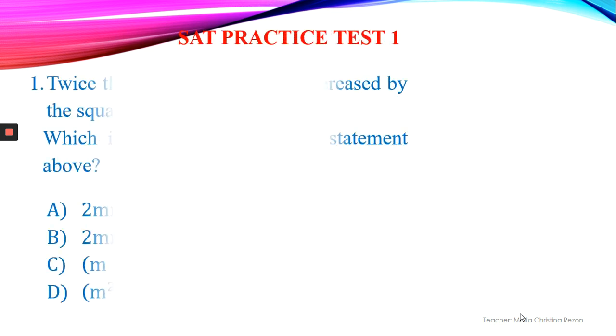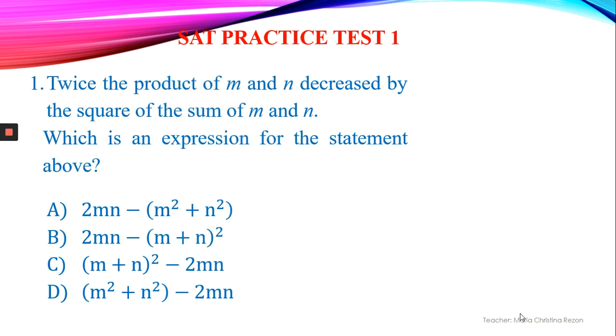Our first question. Twice the product of m and n decreased by the square of the sum of m and n, which is an expression for the statement above. Now, we have four choices here, but we will not just choose any answer; we have to analyze our statement here. Twice the product of m and n.